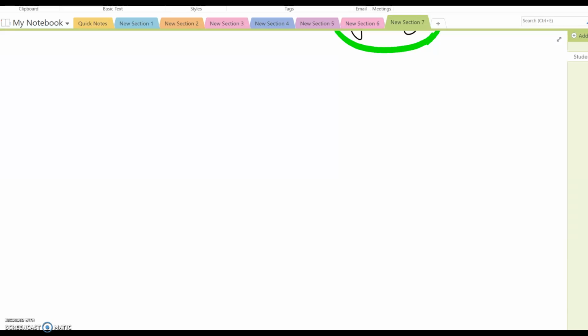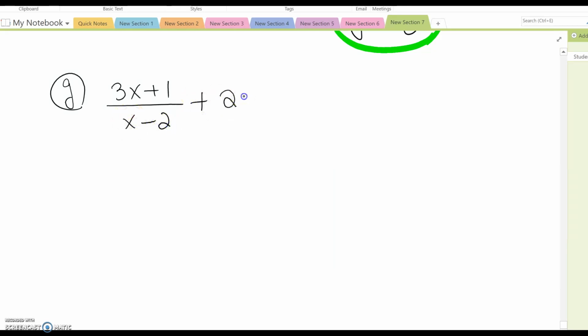So let's look at equation G. G is 3x plus 1 over x minus 2 plus 2 equals 9 over x minus 2. Look at each denominator factor and then find their LCD.